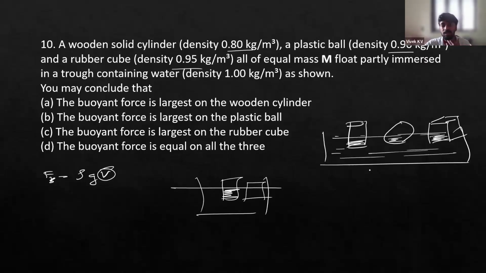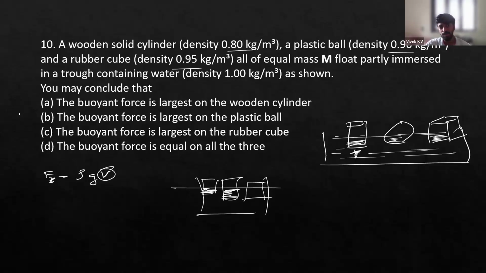The buoyant force is equal to the weight of the fluid displaced. So if something has a lower density, it will float with a very small portion of water below it. If something has low density, it will have the highest submerged volume.